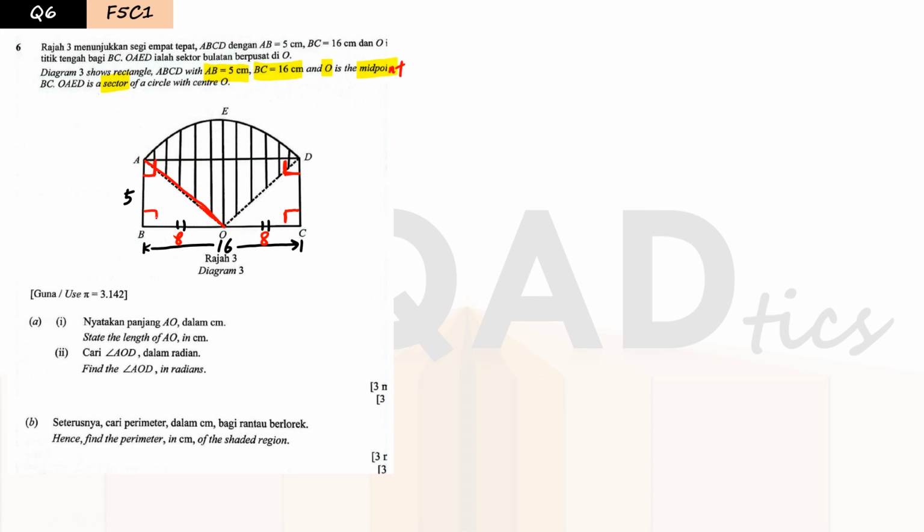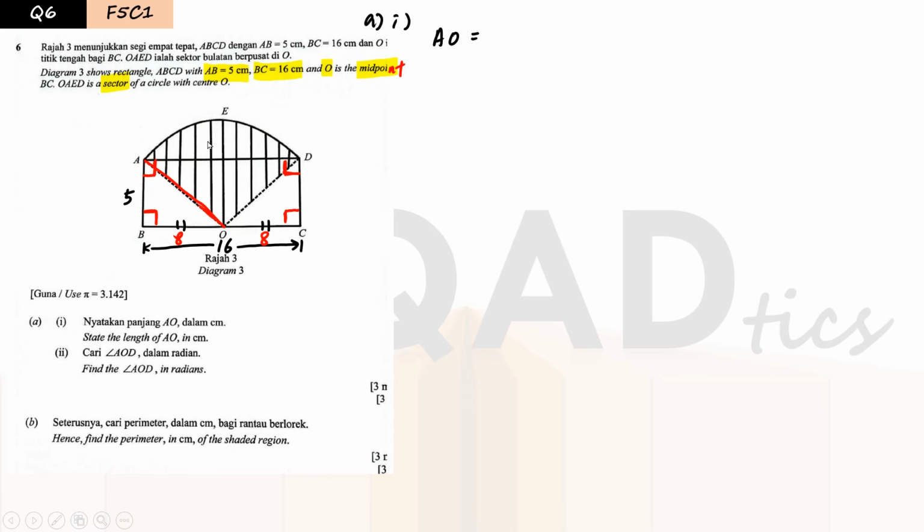So this means that this line is actually part of a right angle triangle. If we know it's a right angle triangle, we can use Pythagoras theorem, because we need to find the length of one side of a right angle triangle.